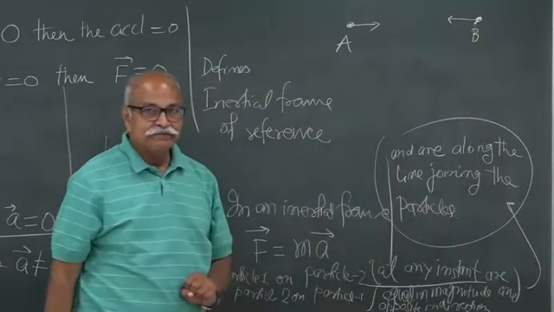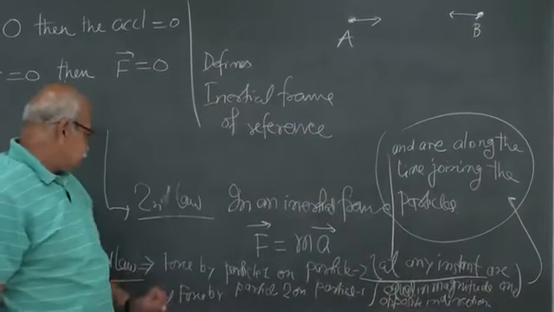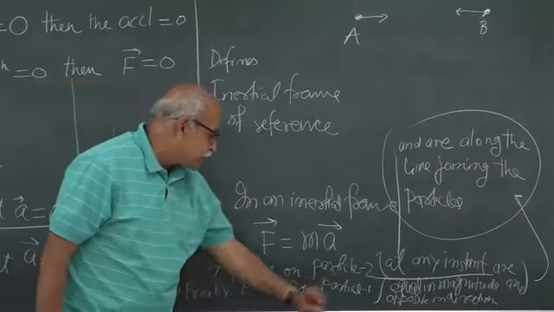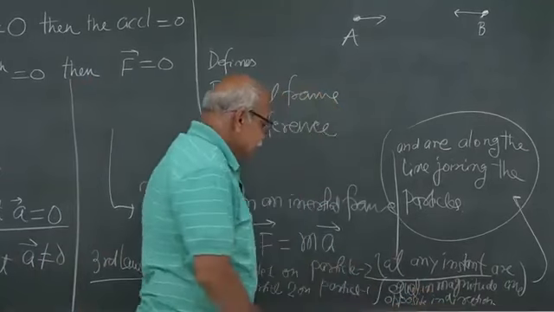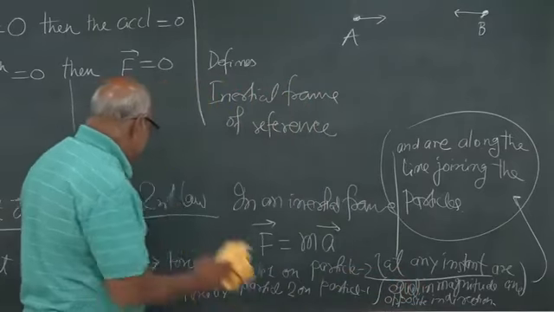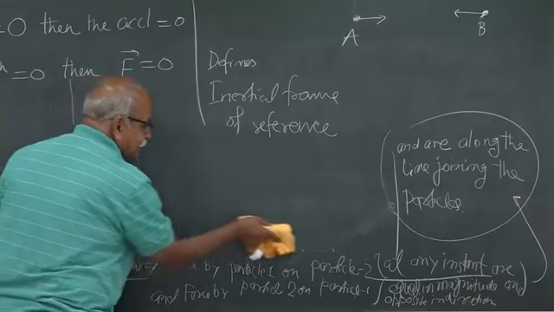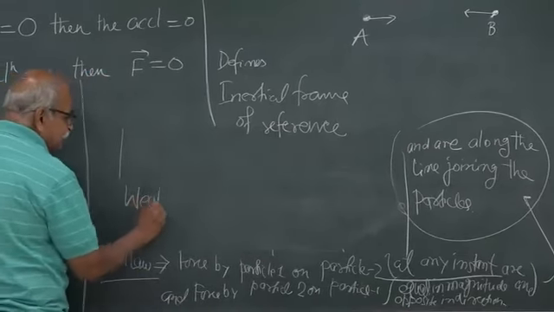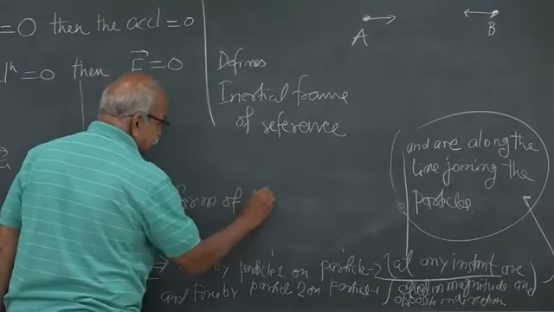Now, if that does not happen, maybe in some cases if it does not happen, then this part will not be valid. Now, if you stop here, what is Newton's law? Force by particle 1 on particle 2 and force by particle 2 on particle 1 at any instant are equal in magnitude and opposite in direction. This, if you stop here, is sometimes called weak form of Newton's third law, right.